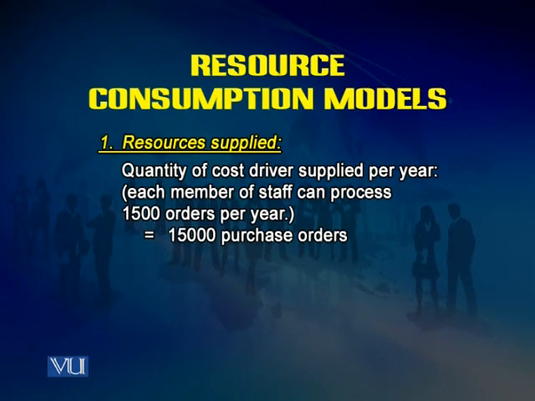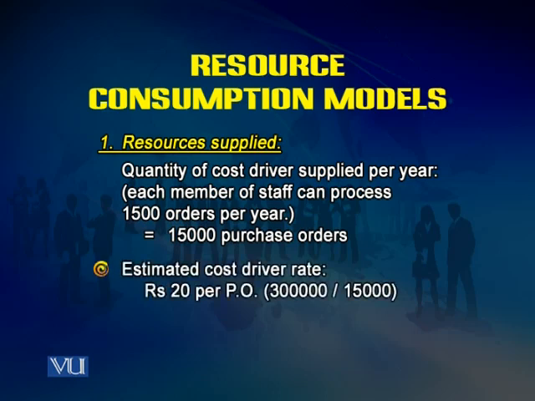Therefore, a total of 15,000 purchase orders. The estimated cost driver rate is rupees 20, and that's calculated as the total cost of 300,000 divided by 15,000, which is the total purchase orders.